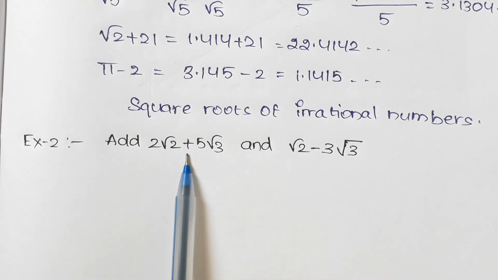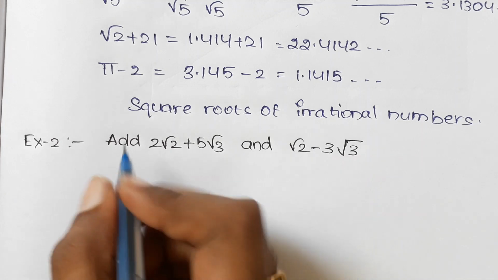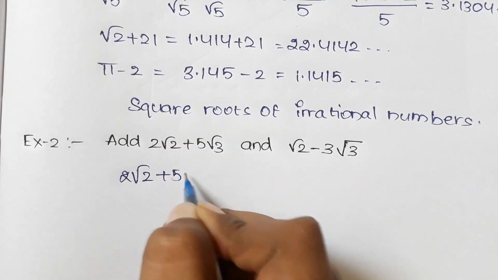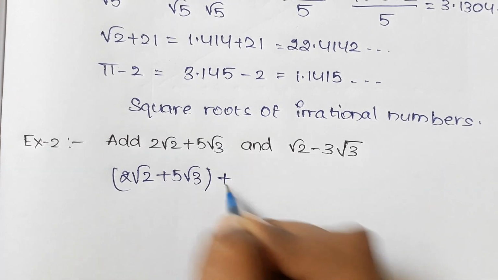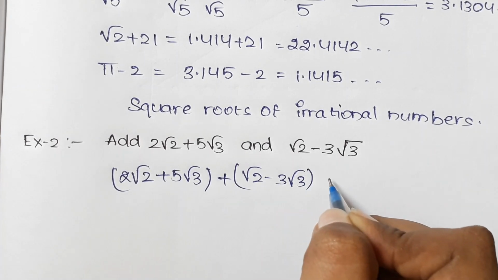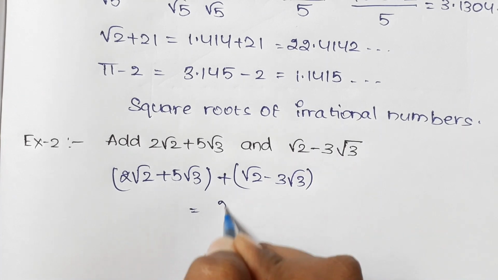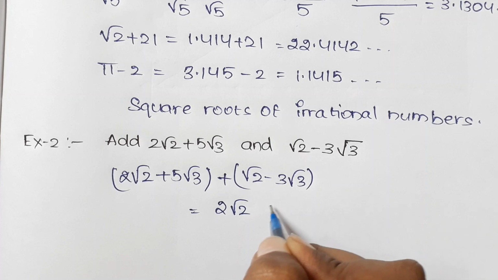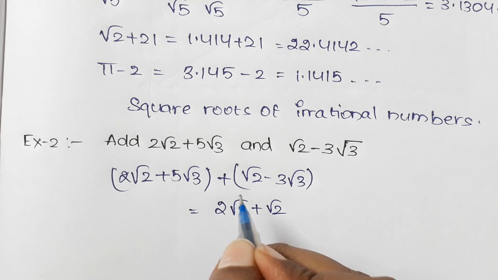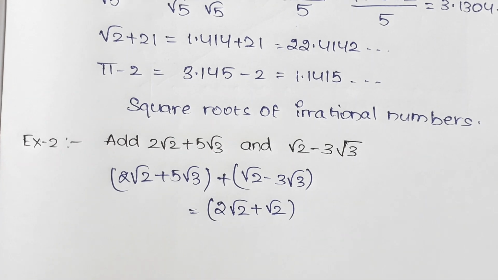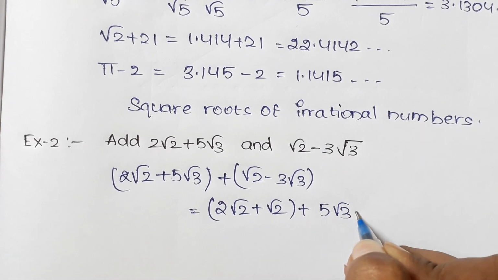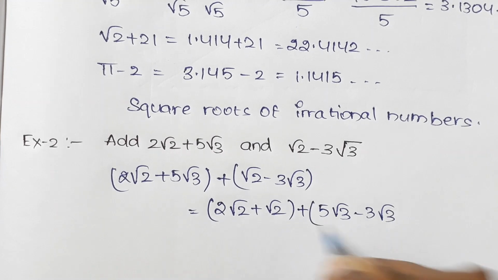We add these two: 2 root 2 plus 5 root 3 plus root 2 minus 3 root 3, which equals 2 root 2 plus root 2 plus 5 root 3 minus 3 root 3.